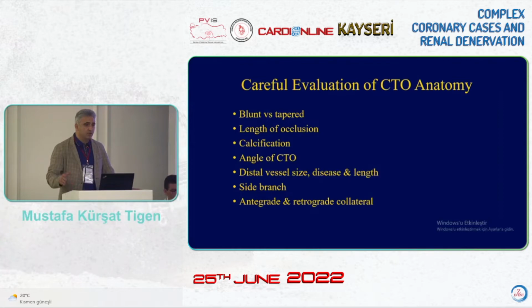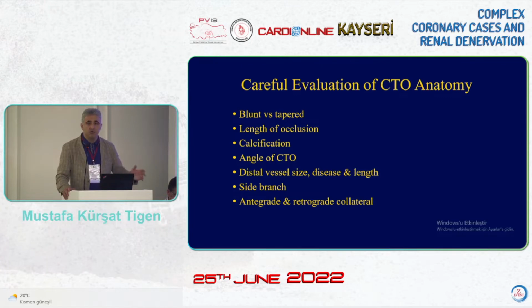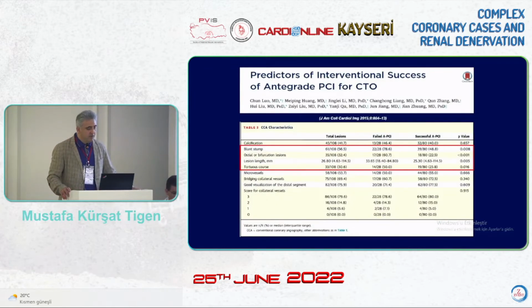And in the evaluation of CTO, the anatomy must be kept in mind: the occlusion length, calcification, angulation, the vessel size, side branch presence, antegrade and retrograde collaterals, and which segments are filled with them are all important.